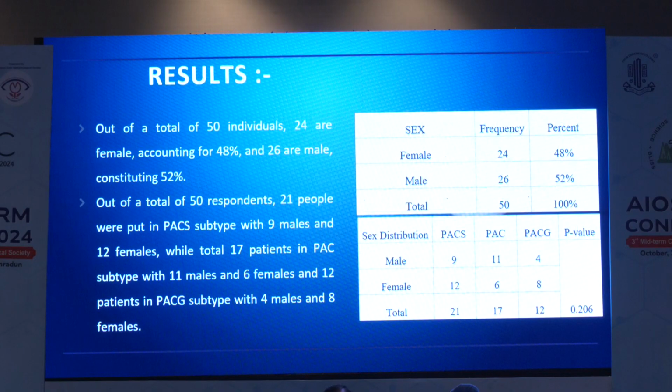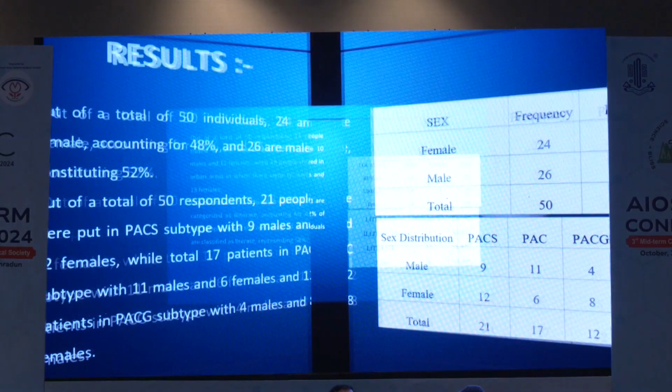So the results: out of the 50 individuals, 24 were males accounting for 48%, and 26 were females constituting 52%. Out of 50 respondents, 21 were in the primary angle closure suspect subtype, with 9 males and 12 females, 17 patients were in the primary angle closure subtype with 11 males and 6 females, and 12 patients had primary angle closure glaucoma with 4 males and 8 females.